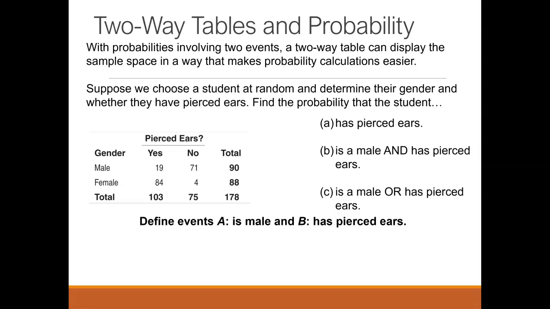Like we just did in some examples, if we give you a two-way table here, this is looking at students by their gender and whether they have ear piercings.